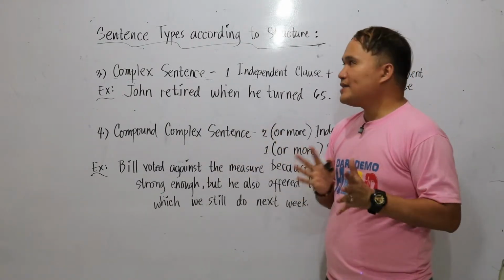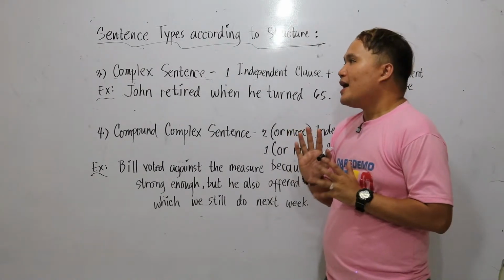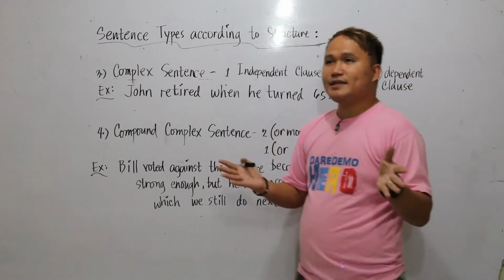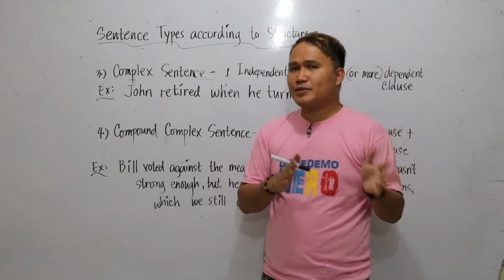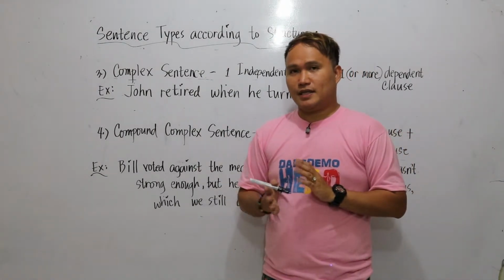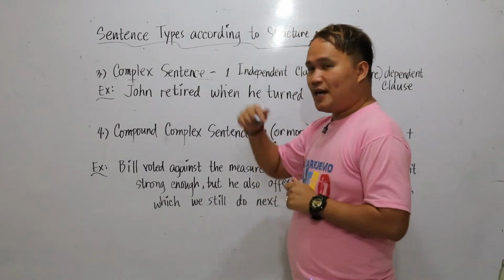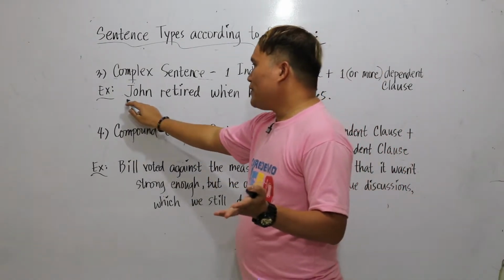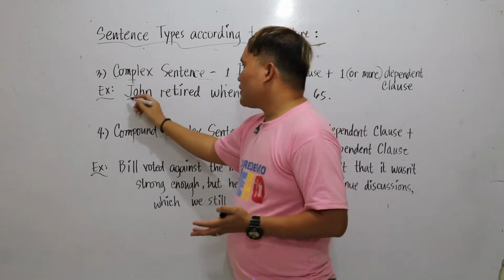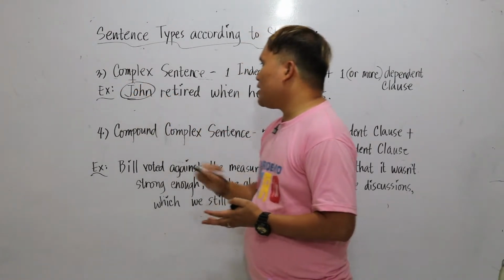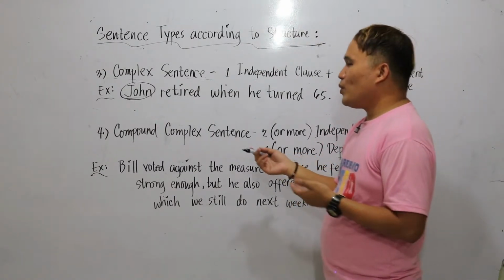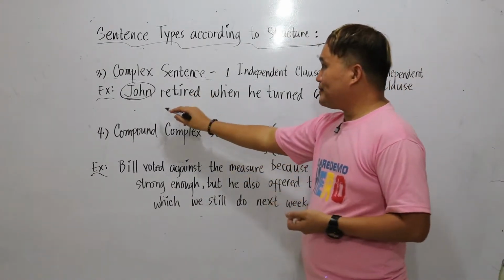Now this time, let's identify the subject and the verb, because in a sentence, usually it has a subject, verb, and the object. So let's try to identify the subject. What is our subject in this sentence? John, very good. Let me encircle the subject and underline the verb. What do you think is our verb in this sentence?